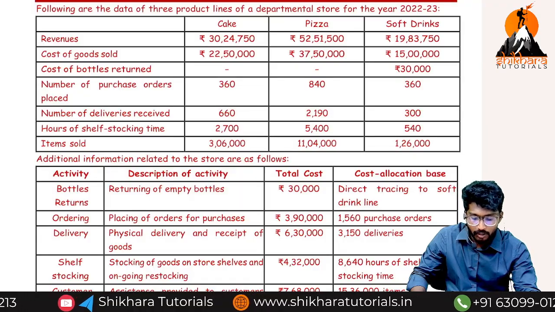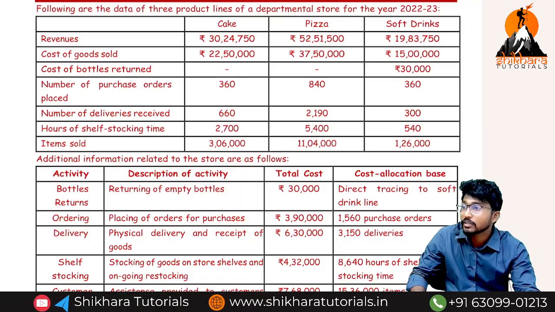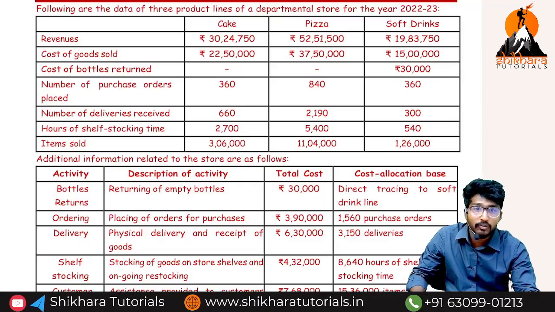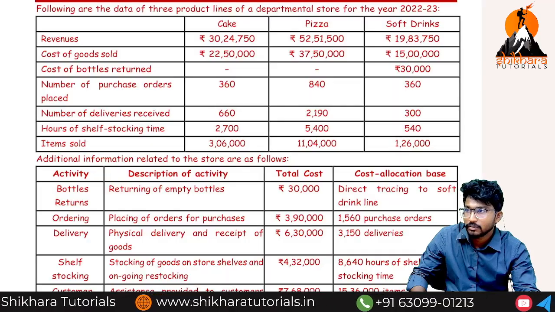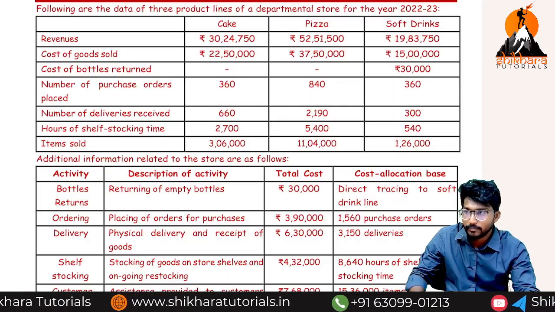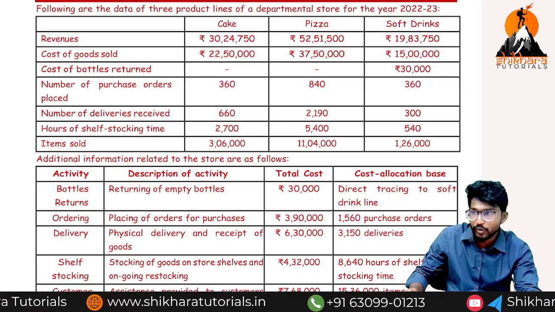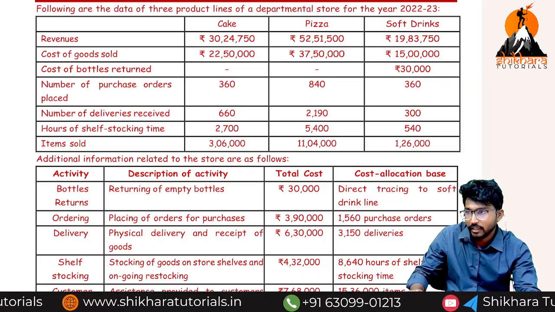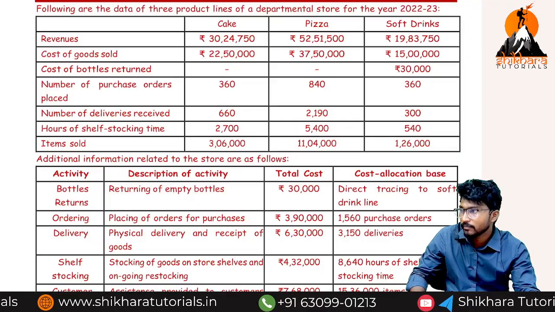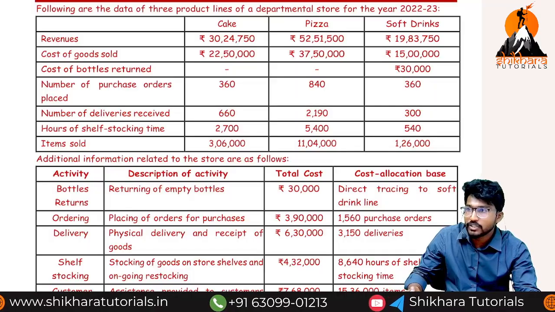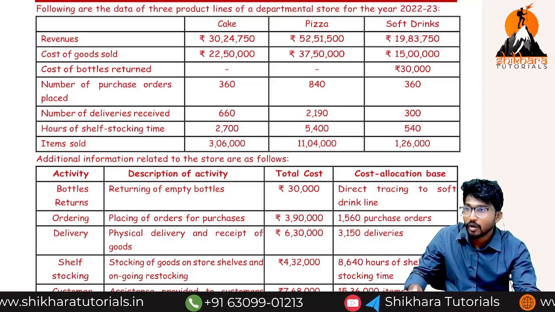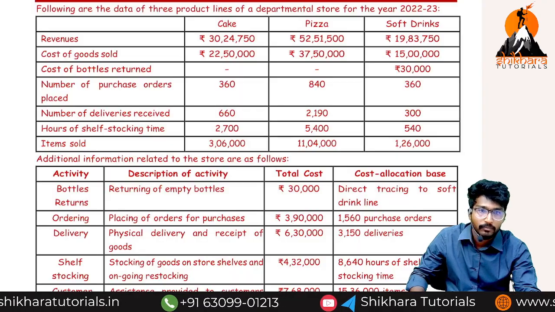Next, cost of goods sold. How will you get cost of goods sold? First, prime cost, add factory overheads. You will get factory cost or works cost. For that, add office or administration overheads. You will get cost of production.